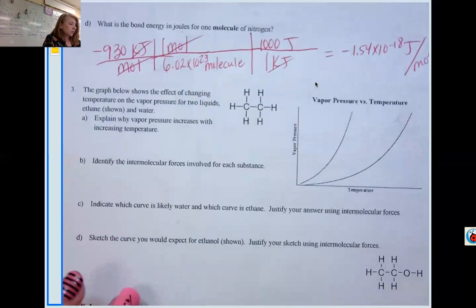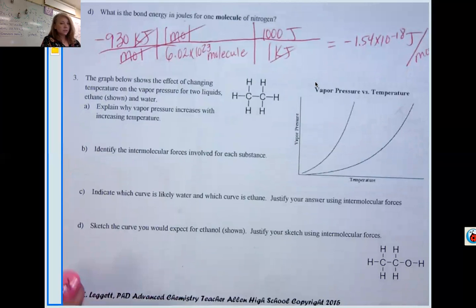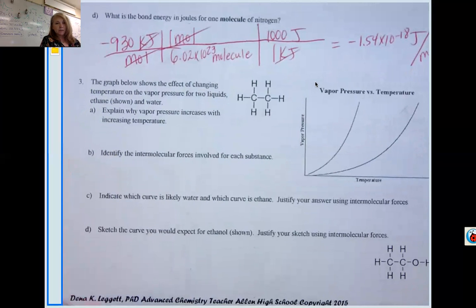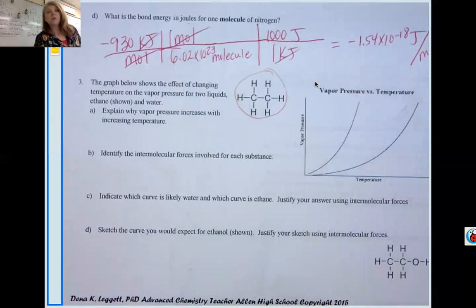Okay, so moving on to some past bonding, let's go into intermolecular forces. The graph below shows the effect of changing temperature on the vapor pressure for 2 liquids, and we have ethane, which is shown. If you look at that molecule, hopefully you see that there are no lone pairs of electrons on it. Everything seems to be pretty equal.